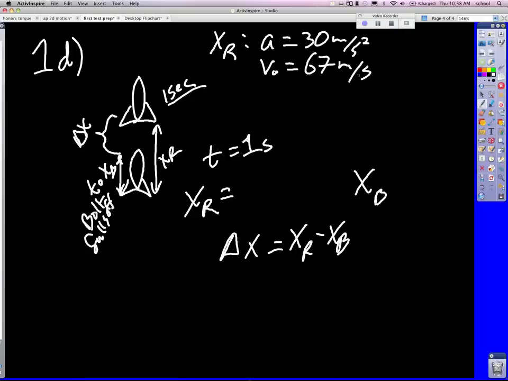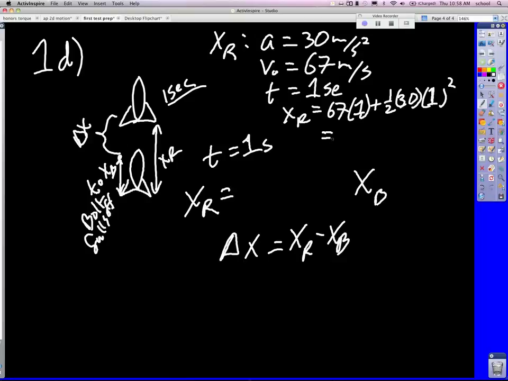So I do the same equation. xb this time is going to be 67, again with the 1 second, but now it's plus 1/2 times -10 times 1 squared. So basically I get 67 minus 5, and so I get 62 meters. So xr is 82 meters, xb is 62 meters, and therefore delta x is 20 meters. And bingo, that's it.